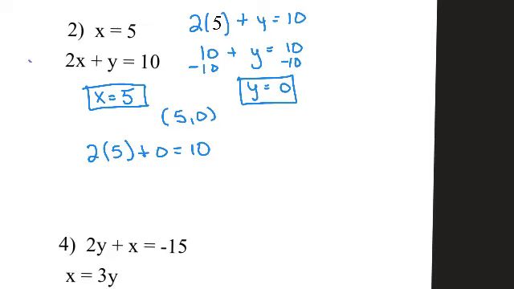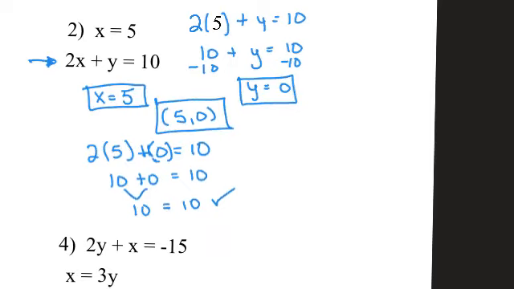Well, I rewrote this equation while substituting the numbers from my ordered pair back into the equation. And now I can check it. 2 times 5 is 10. 10 plus 0 equals 10. 10 plus 0 is 10, so 10 equals 10, and that is true. Okay, let's try another one.